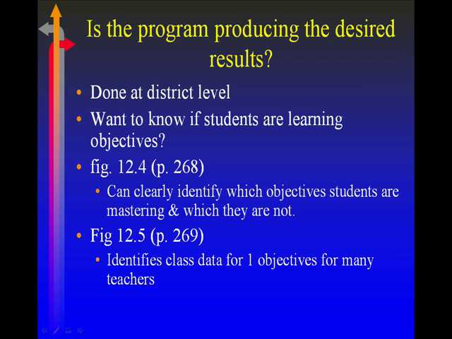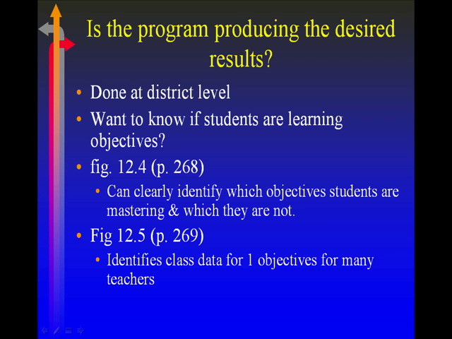Those are the assumptions here. If not, you do it at the school level. We want to know if the students are actually learning our objectives and our goals.